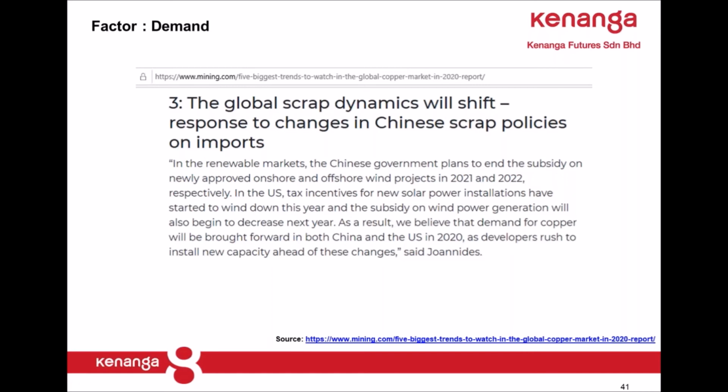So to enjoy this benefit, all the power generation players will have to rush to build their power plants by this year, and this has resulted in a surge in demand for copper. Copper has been widely used in both solar power farms and wind power generator farms also. Later I will show you.